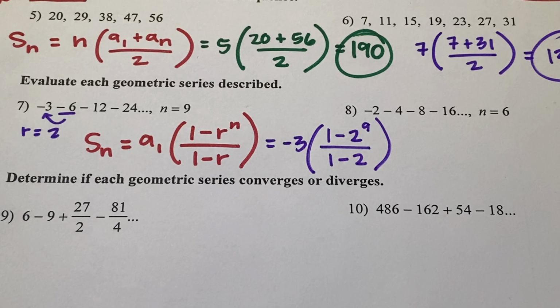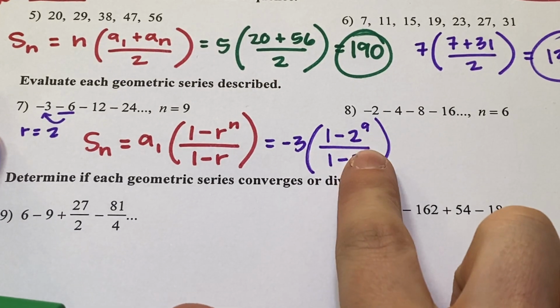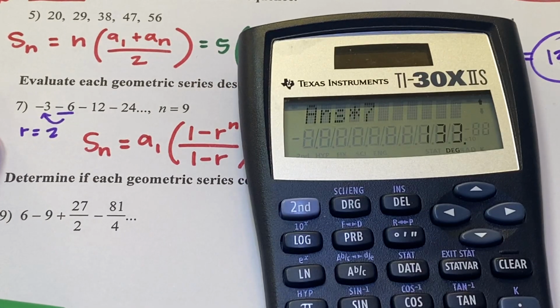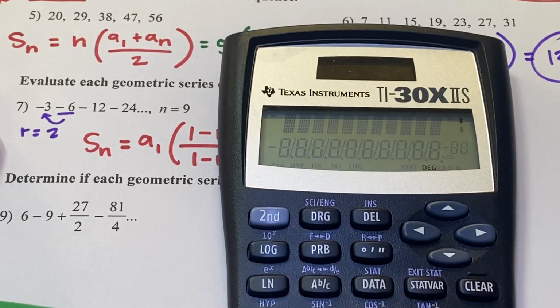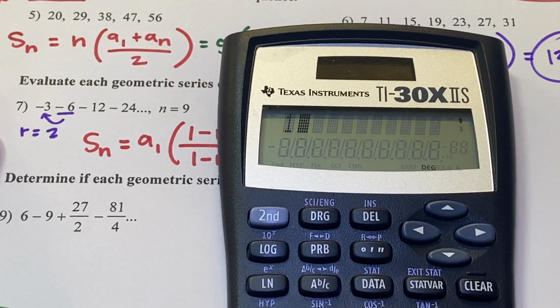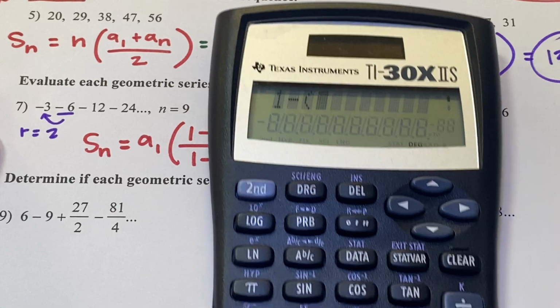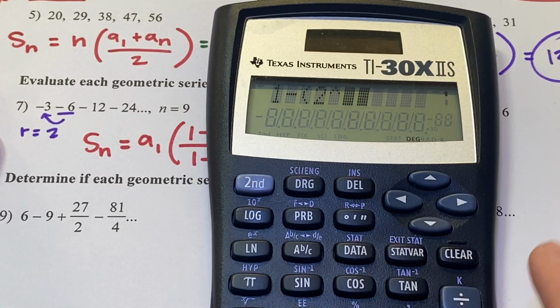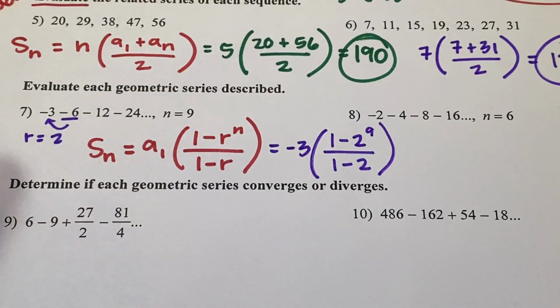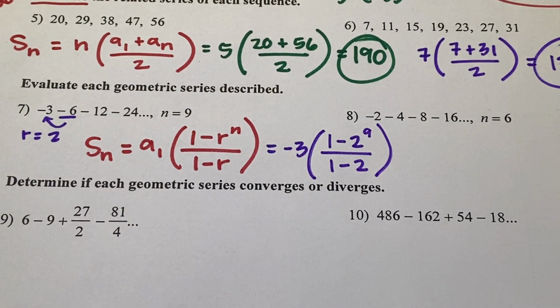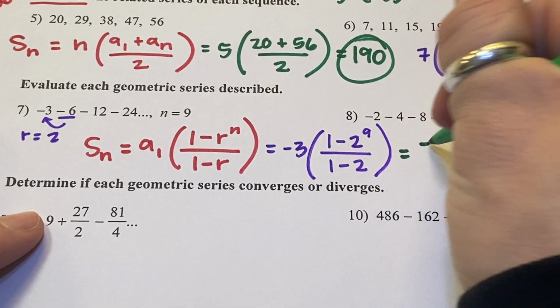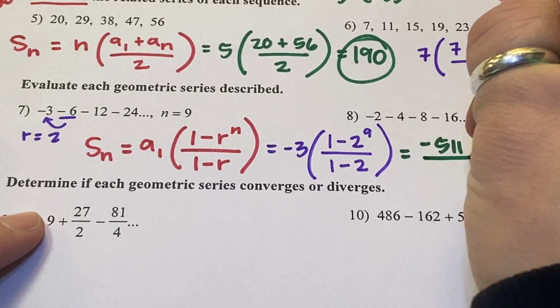Okay, it's okay. Let's just solve. You're freaking out, that's totally fine. Let's make these prettier. First I want to figure out what 2 to the 9th is. In fact, let's just take 1 minus 2 to the 9th. That's my whole numerator, and it turns into negative 511.